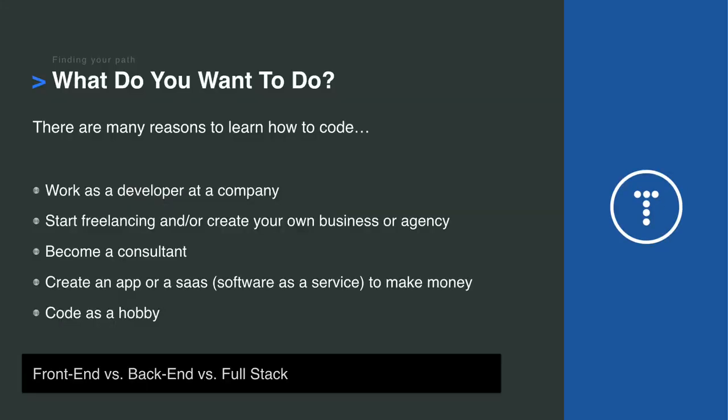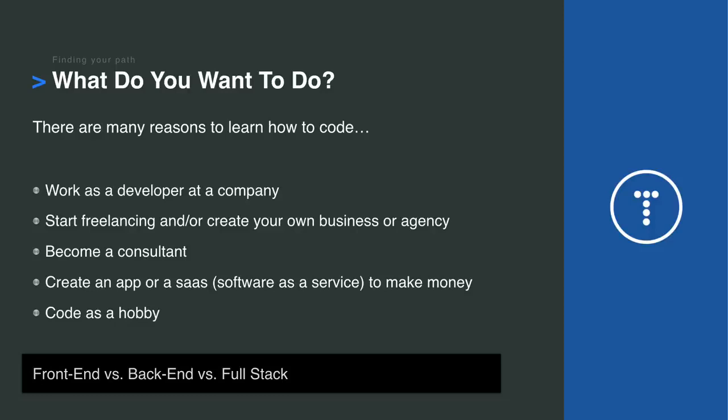All right, so before we get started with technologies and tools and all that, let's take a look at what you want to do, because there's a lot of different reasons to want to learn how to code. You want to work for a company. That's probably the most popular decision, is just becoming a developer for a company, applying for jobs. You could also be a freelancer. I started out freelancing.